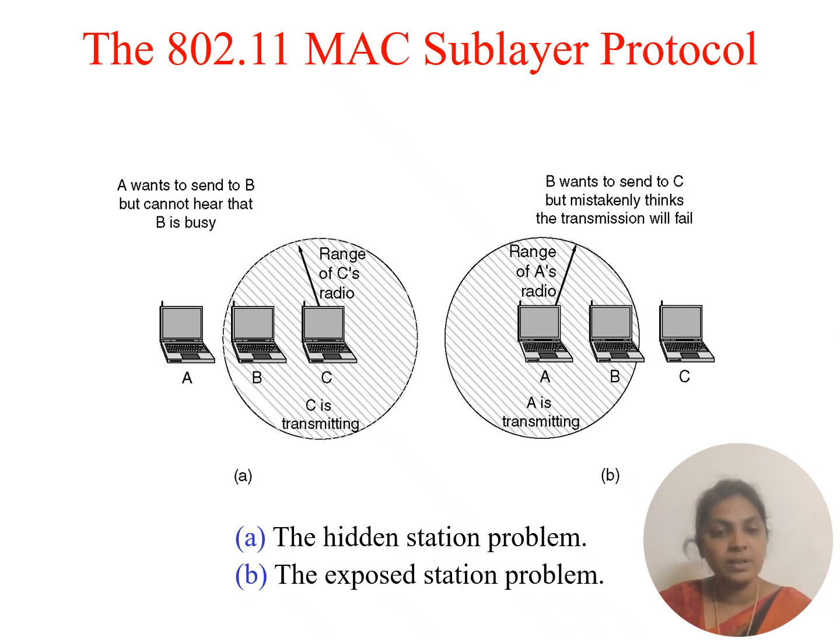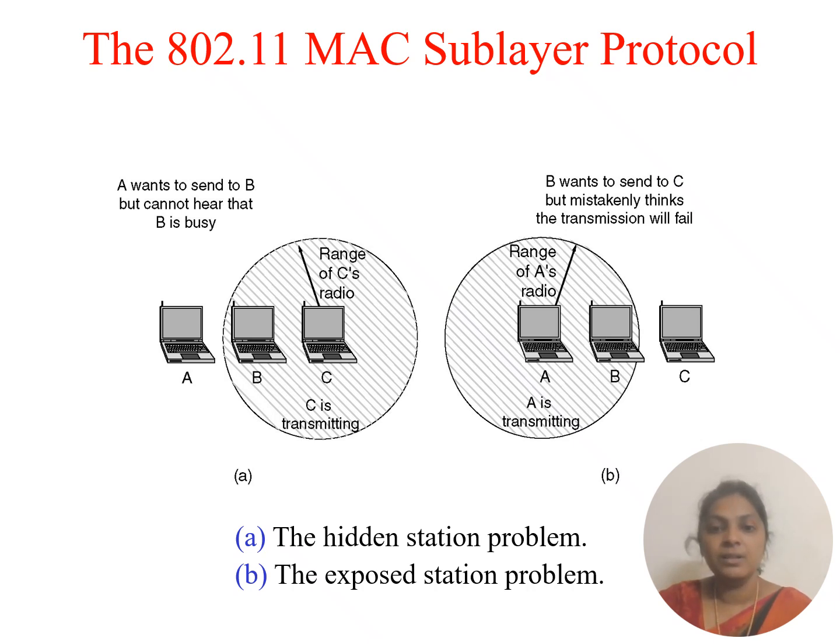What happens? A will start transmitting, so its bits will collide with the transmission that is already happening. So there will be data loss. This is the hidden station problem. The next picture on the right-hand side is an example of the exposed station problem.